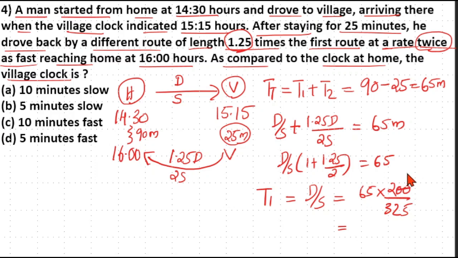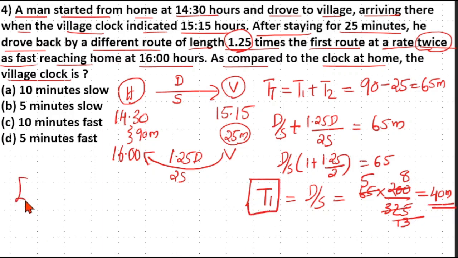Now, 25 goes 4 times in 100, so 8 times in 200. Then 25 goes 13 times in 325. This 13 goes 5 times in 65. That means this will be 8 into 5, 40 minutes. So, the time taken for the first route is 40 minutes.